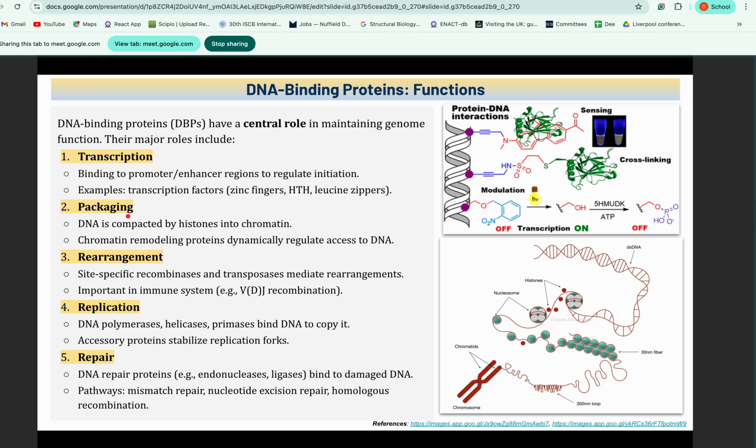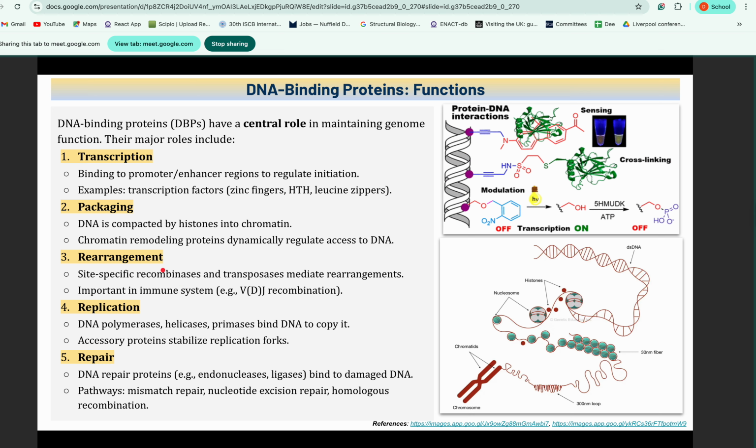Now, if we talk about packaging, the DNA is wrapped around histone proteins and converted into the chromatin structure. In this case, the DNA binding proteins are responsible for the packaging of the DNA. Then if we talk about rearrangement, in homologous recombination, site-specific recombinases are involved in the recombination process.